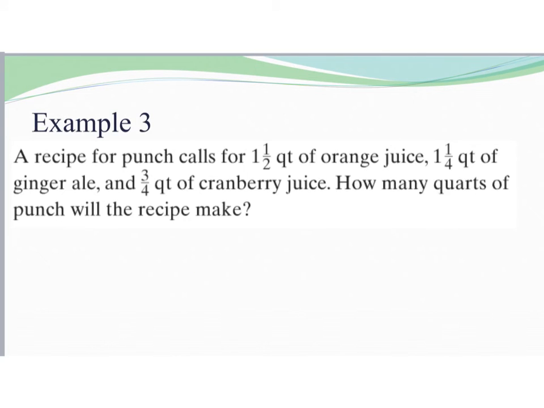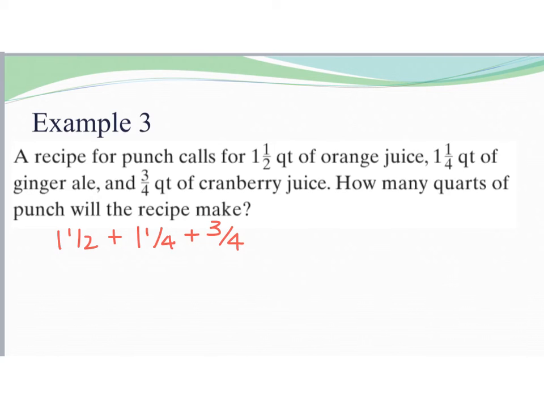And my last example for the day says, a recipe for punch calls for 1 1/2 quarts of orange juice, 1 1/4 quarts of ginger ale, and 3/4 quarts of cranberry juice. How many quarts of punch will the recipe make? So here we're going to add up all of our quantities. So we have 1 1/2 plus 1 1/4 plus 3/4.